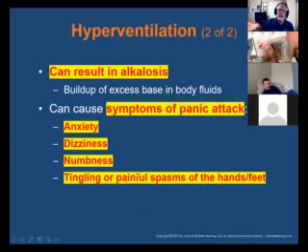And eventually, after enough excess exhalation of CO2, the person starts to feel numbness around the mouth and nose. Their lips are really numb. And then, as if that wasn't bad enough, they start to have a tingling feeling in their hands and feet.